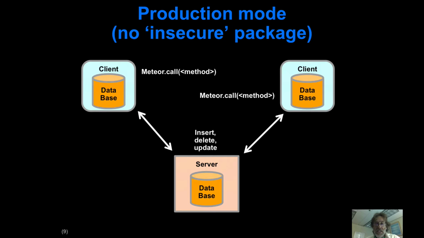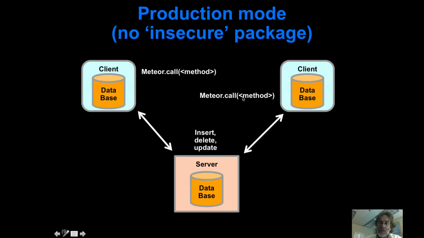Okay, so instead of the former situation in which clients could call insert, delete, update, etc. directly on their local database and have things propagated around, once we've removed the insecure package, the only way that the client can actually change the database is by calling a method, which has been defined by the developer and resides on the server side, in some sense. I guess there's a little bit of craziness there with the optimistic UI.